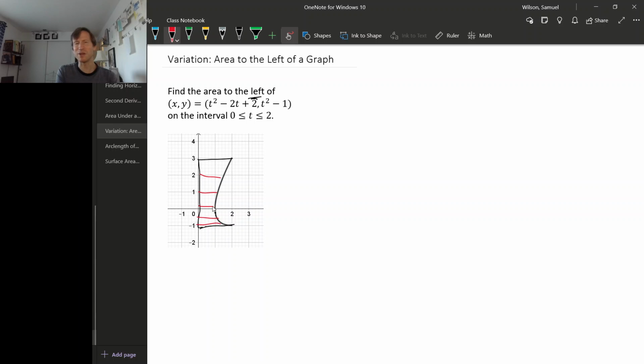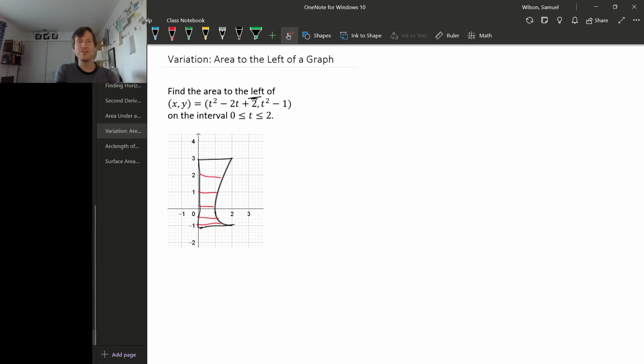When I say clean, what I mean is the right-hand end of each slice is on the graph and the left-hand end is on the y-axis, so it's nice and tidy. You don't have one end or the other switching between different curves.